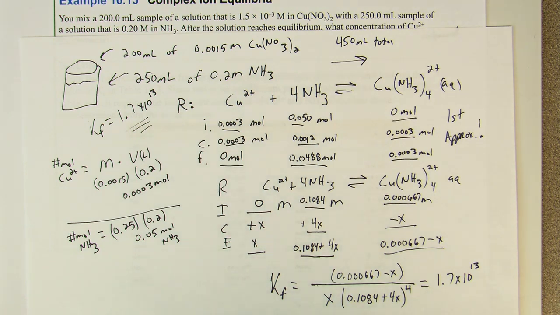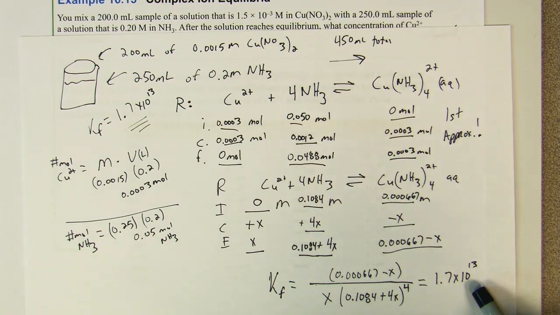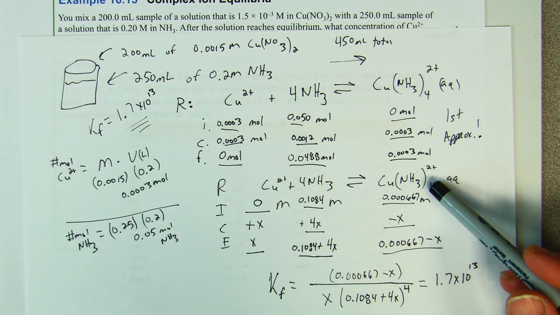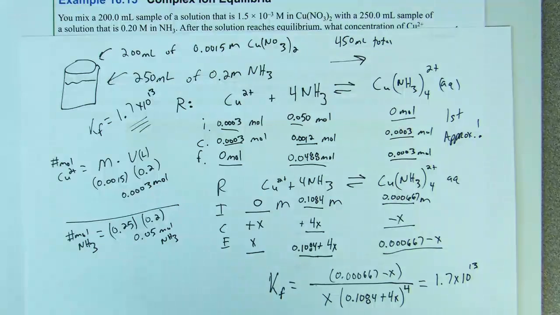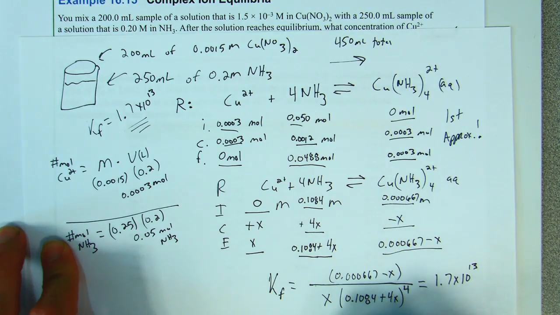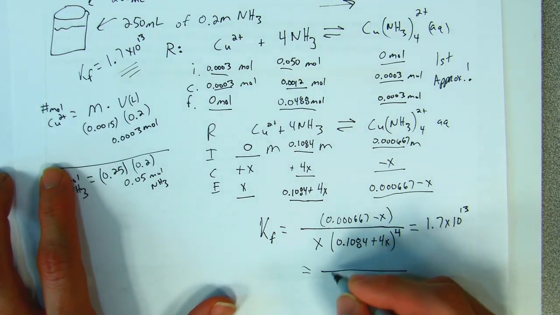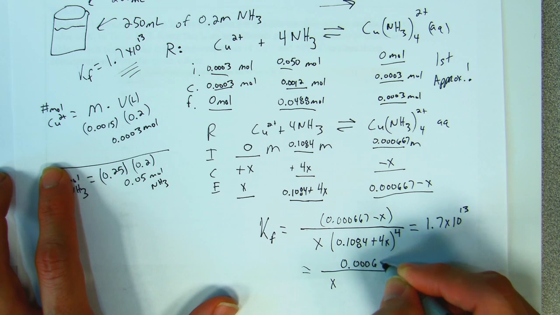Now, I'm looking at that value of K, and it's a huge number. So what I know is that this stuff is really good at forming. This equilibrium lies really far to the right. I'm going to be pretty comfortable assuming that this x is really, really small. And that's going to help me out, because if that's the case, I can basically say that this is going to simplify down to 0.000667.